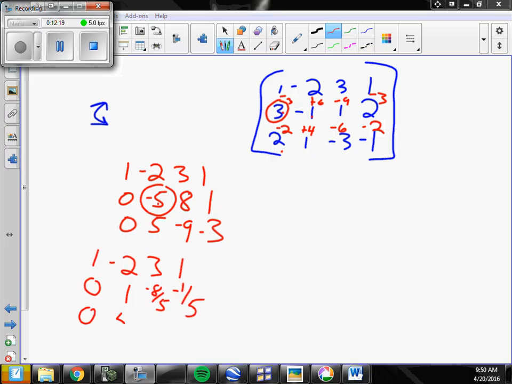And then 0, 5, -9, -3. Now that I have my second 1 in place, I use it to clear out the numbers above it and below it. So if I double the second row and then add it to the first row, that will turn this into a 0. And they're going to be fractions, and I guess this one, there's just no way to avoid them.